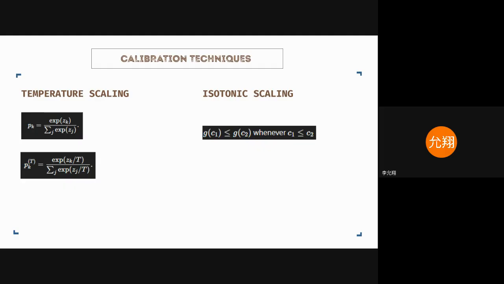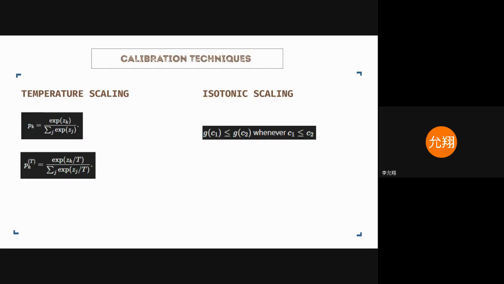Then there is isotonic regression, which is a non-parametric monotonic calibration method. It learns a function g of c that maps the model's original confidence scores into calibrated scores. The key constraint is that this function must be non-decreasing, meaning higher confidence should never produce a lower calibrated probability.